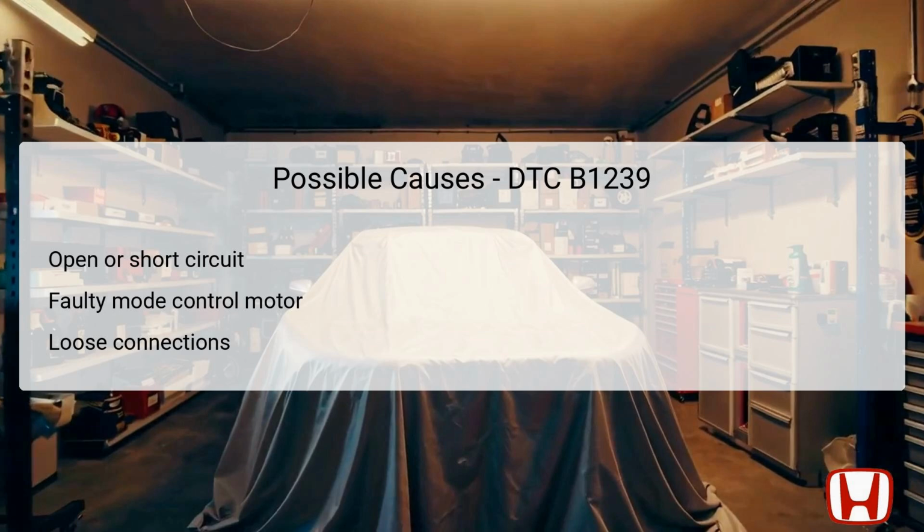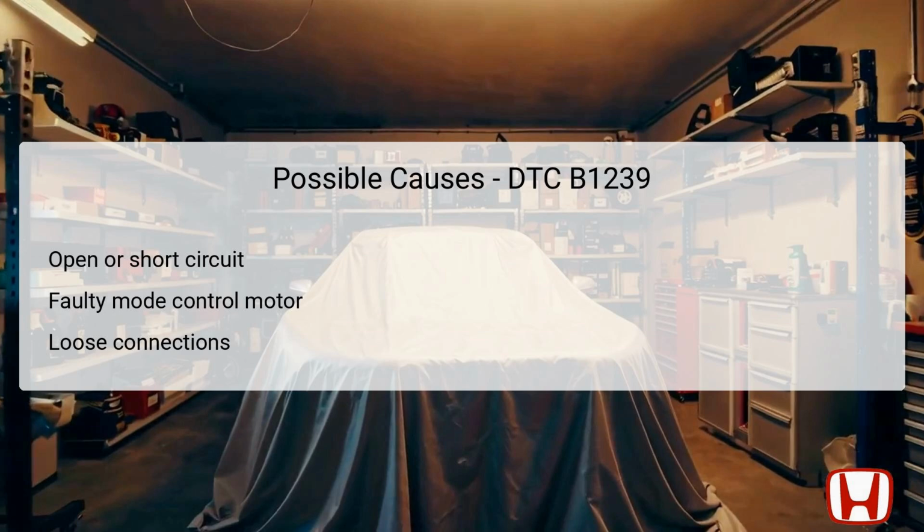Several potential causes can lead to the appearance of DTC B1239. One of the primary culprits is an open or short circuit in the wiring associated with the mode control motor. This can happen due to physical damage or wear to the wiring over time. Additionally, a faulty mode control motor can impede the climate control system's operation, causing the DTC to trigger.